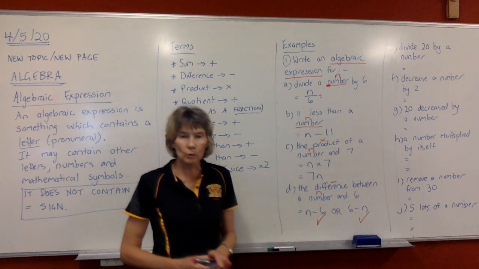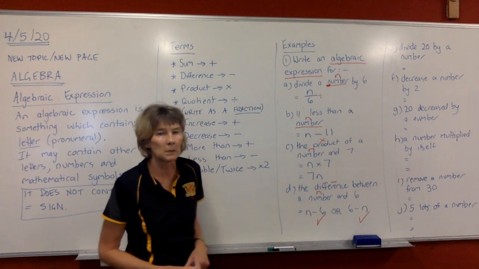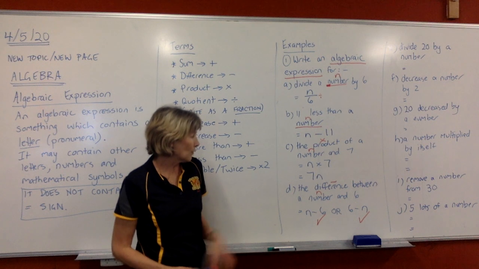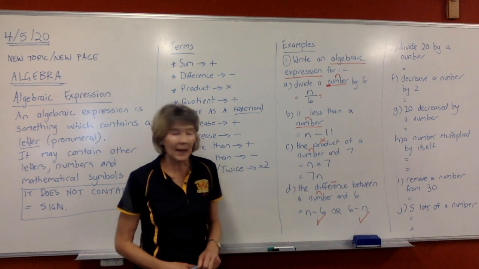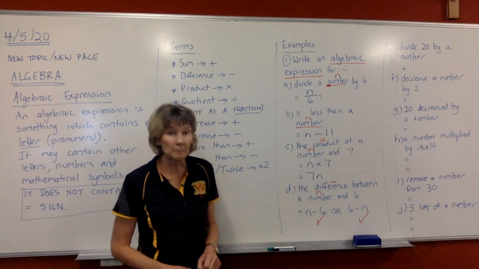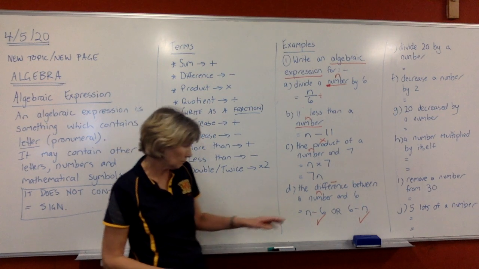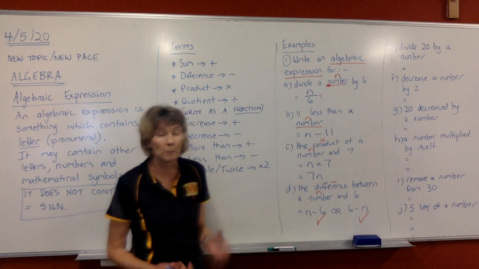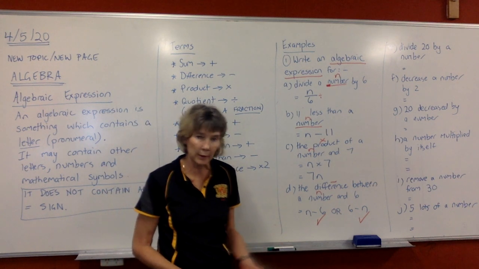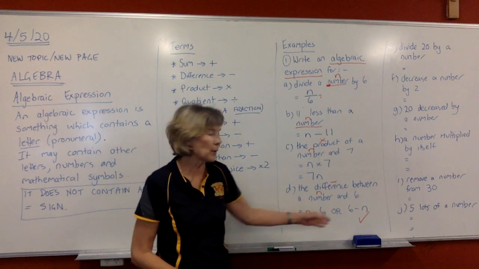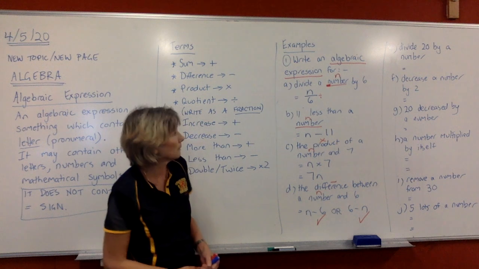There will be the occasional question where they'll tell you which one is bigger. So if they said to you, we want you to find the difference between a number and 6, and we're telling you that the number is bigger than 6, then you would have to write it like this, because generally when you're doing differences, you'll do the bigger number minus the smaller number. In this case, we don't know which is bigger, so both of them would be marked correct.